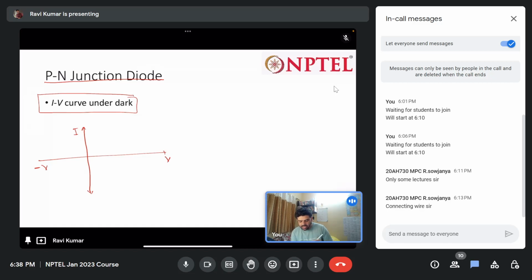Okay, what is the IV curve of a conductor? What is Ohm's law? In case of a conductor, we have Ohm's law. What does Ohm's law say?